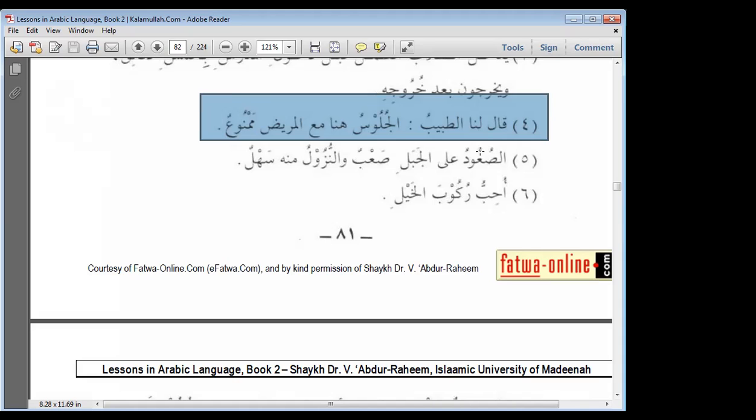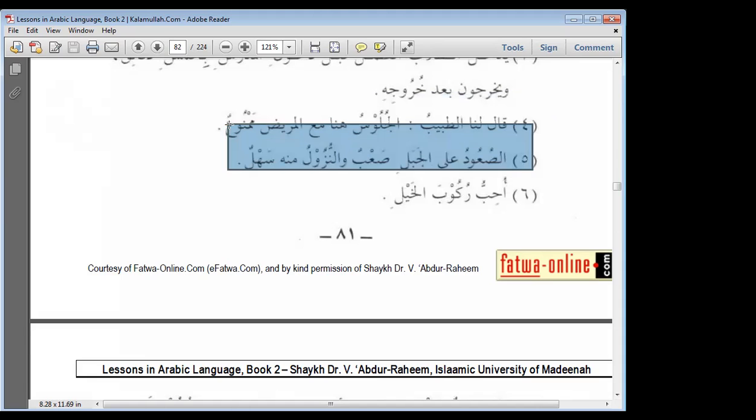Next one. As-su'udu ala al-jabali sa'b, an-nuzulu minhu sahl.